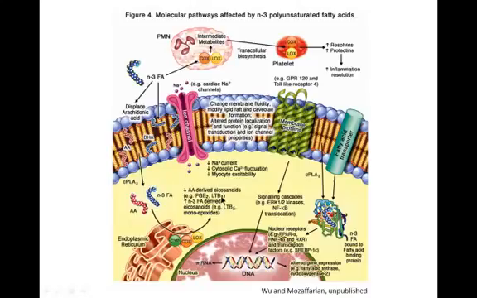Within the cell, again, the omega-3s can be used. Both arachidonic acid and long-chain omega-3, EPA particularly, can be used by cyclooxygenase enzymes, cytochrome P450 enzymes, and lipoxygenase enzymes to produce a variety of what we call active eicosanoids, and that affects metabolism in a variety of ways.